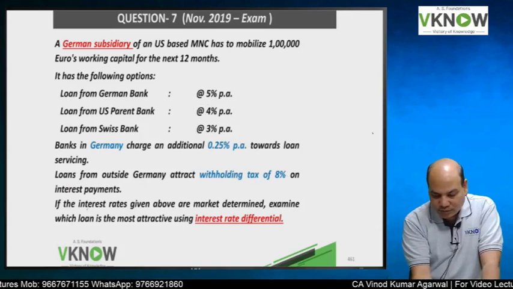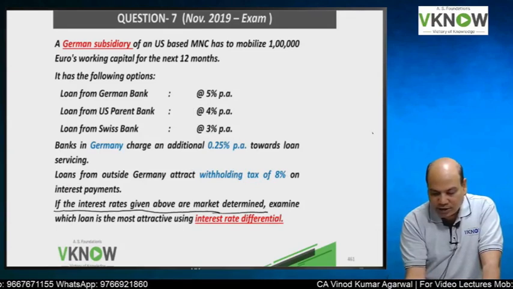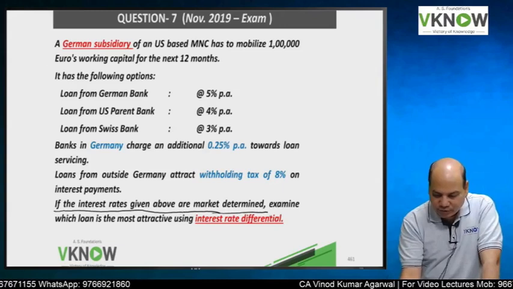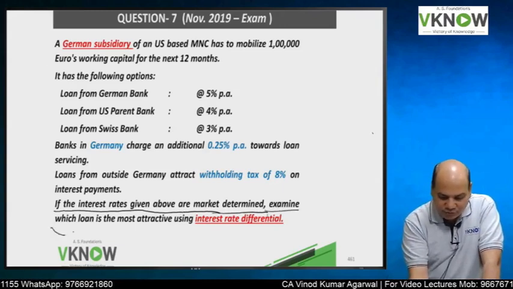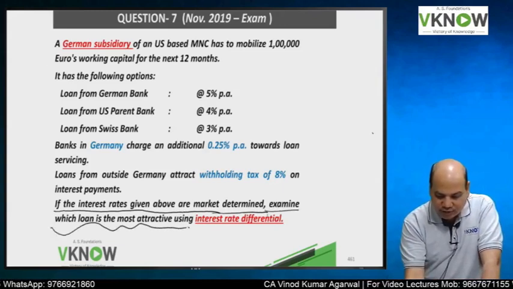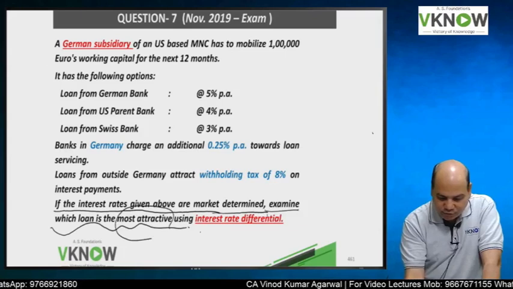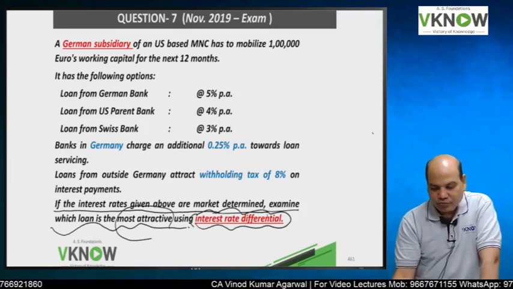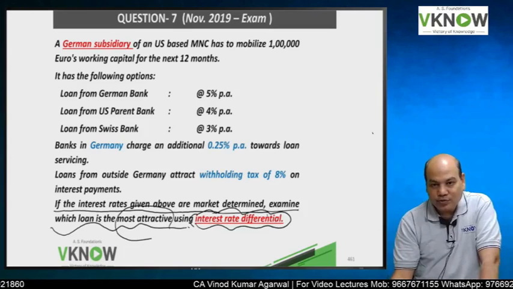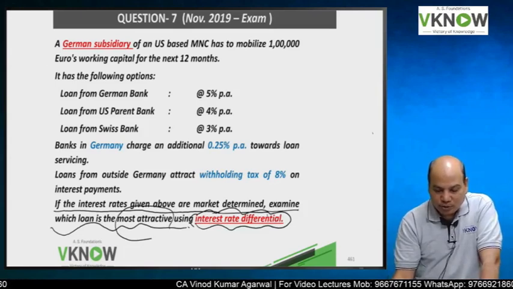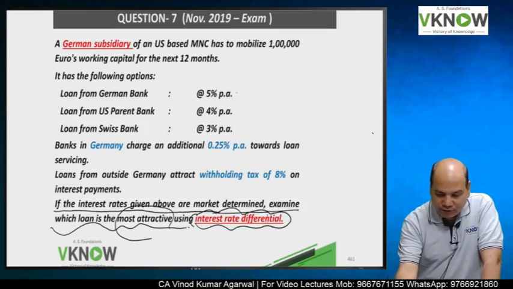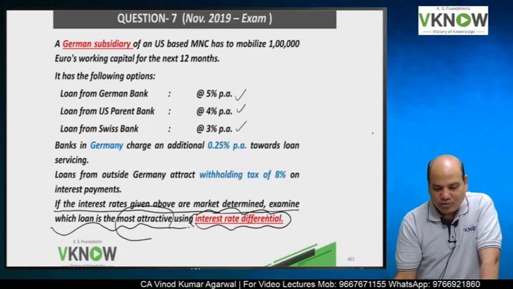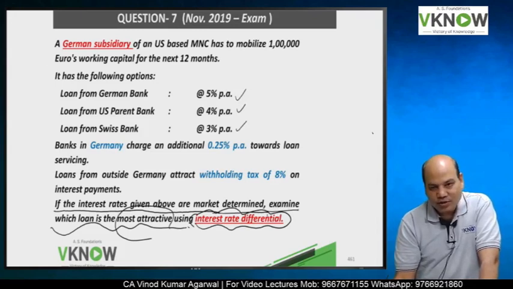Now next point, if the interest rates given above are market determined, examine which loan is most attractive using interest rate differential. One more problem is that these are different countries: Germany, US, Switzerland.